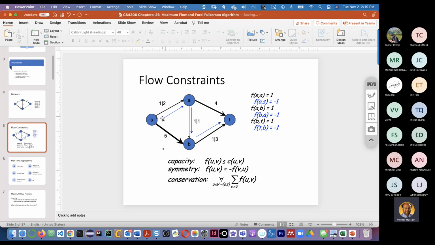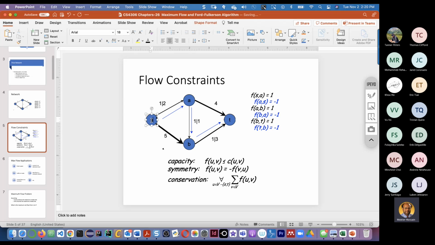The constraints are from S to A. If the flow S to A is 1 unit, then the flow A to S, the reverse flow, is -1. Similarly, if A to B is 1 unit, then B to A will be -1 unit.